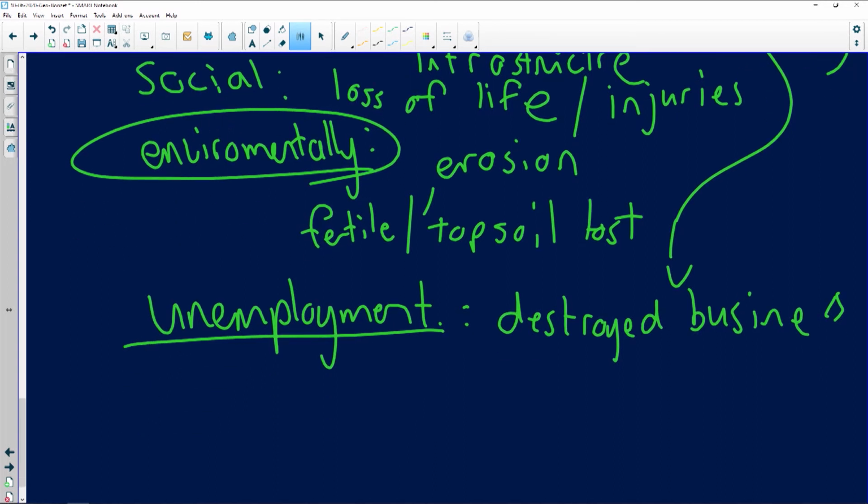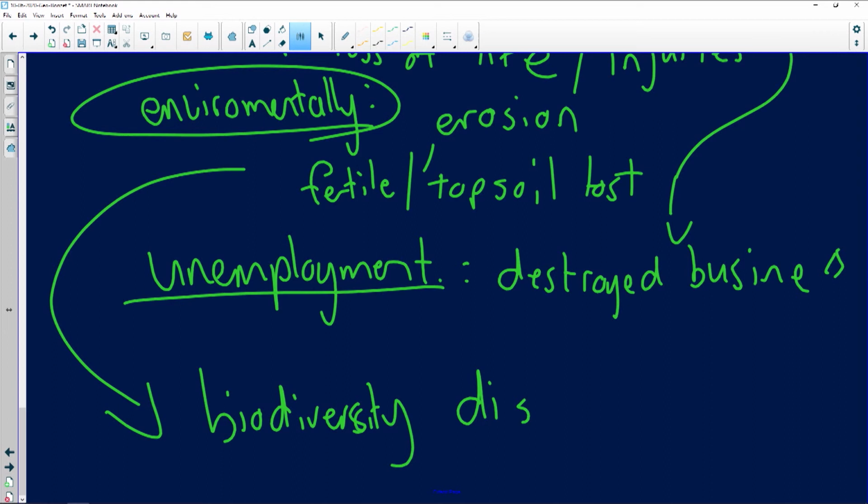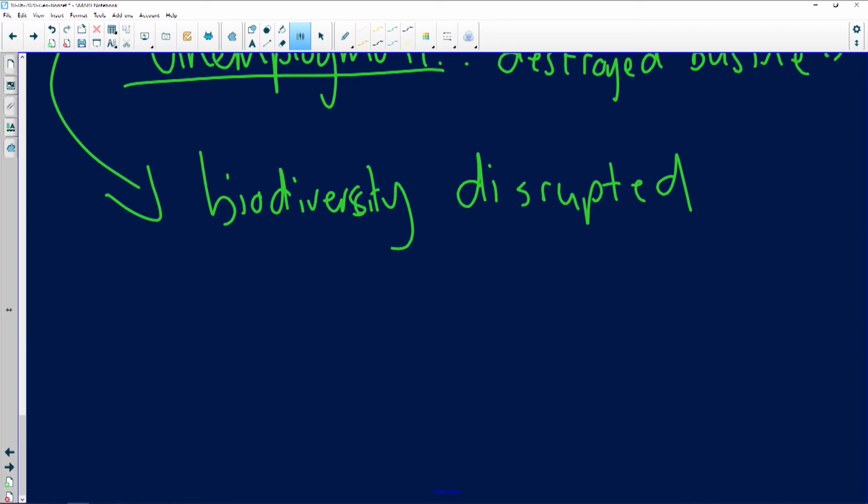Okay. Another thing that we can mention over here, we can mention biodiversity being disrupted. So we're talking about fauna and flora.